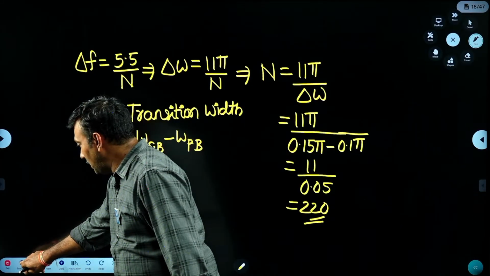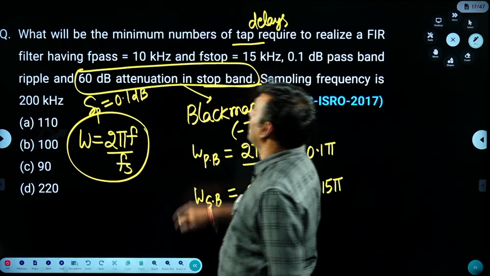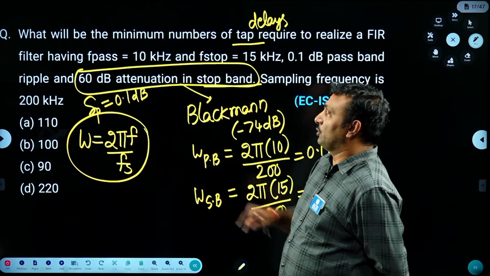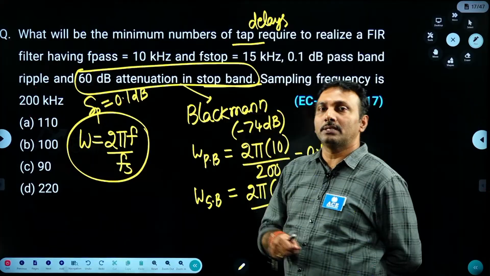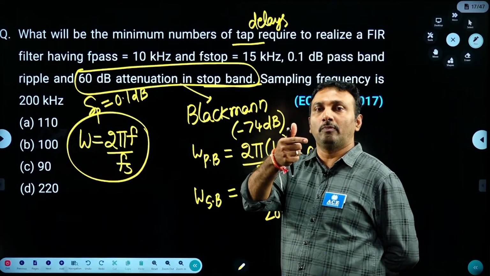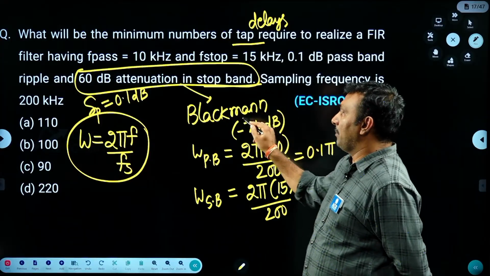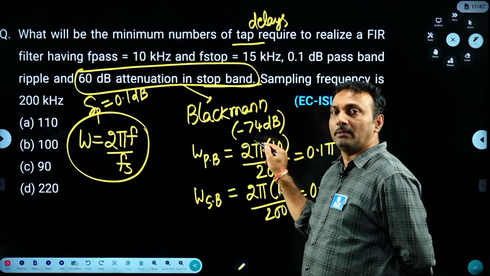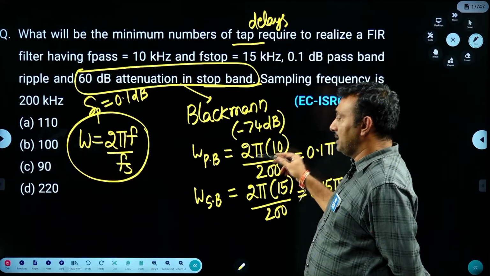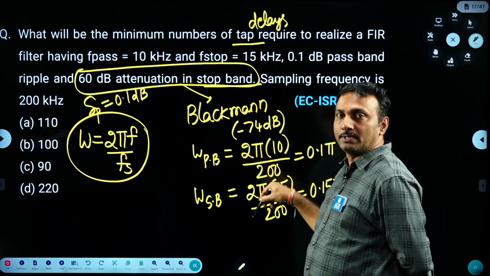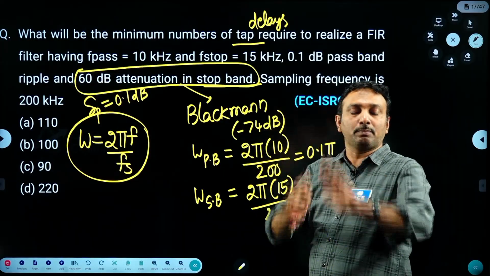So when you see the problem data, the first thought needed to answer this question is: 60 dB attenuation in the stop band, which is the suitable window based on the standard table? Blackman, where it is minus 74 decibel. Then you have to normalize the frequencies. Digital frequencies must be in the range minus pi to pi.